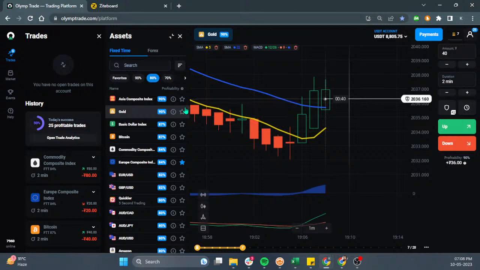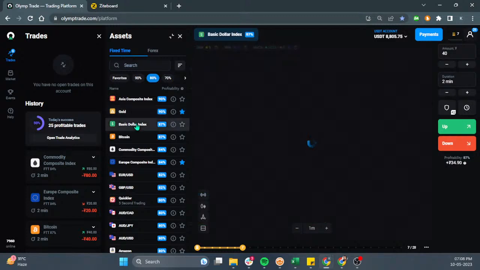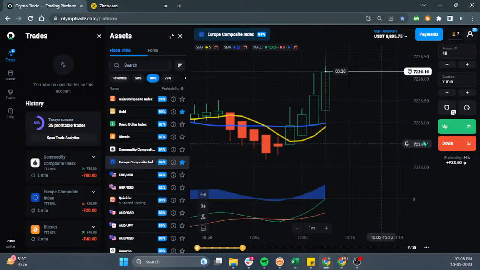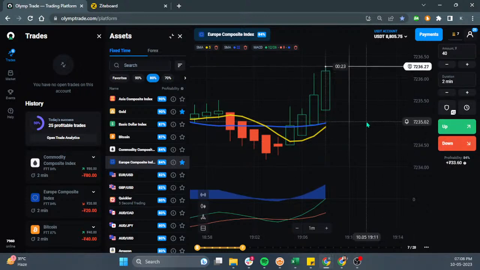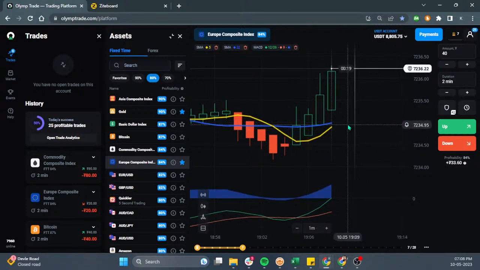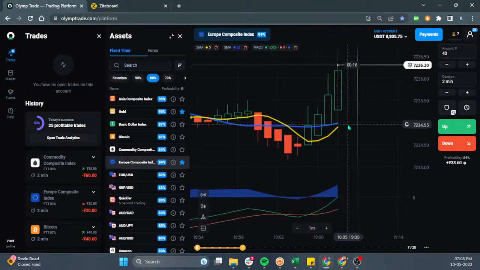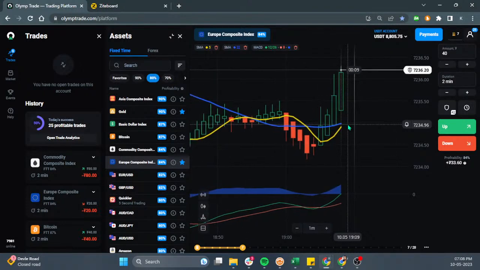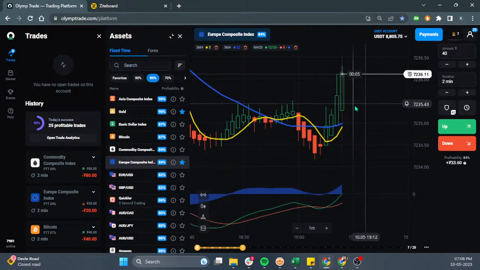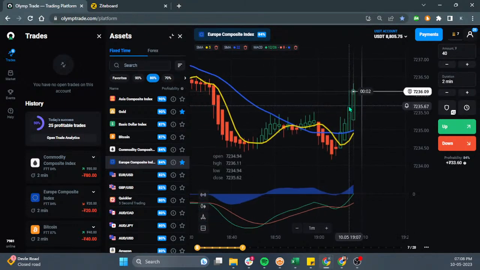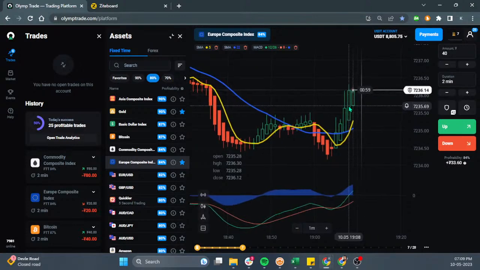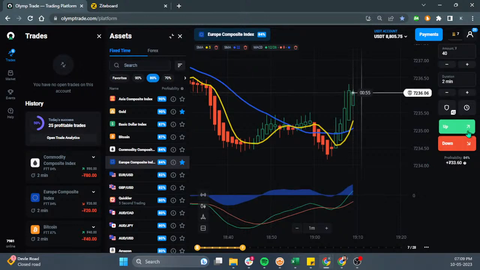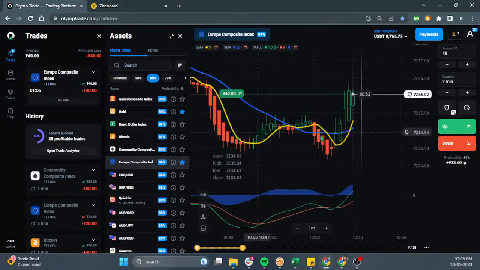We have a good chance of having a crossing over here too. The crossing has happened.